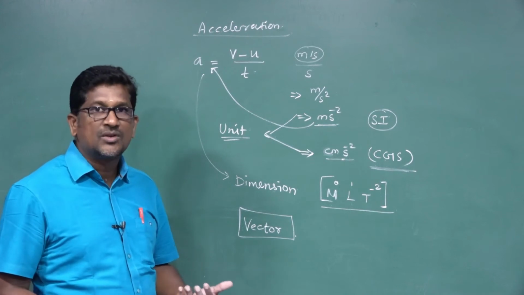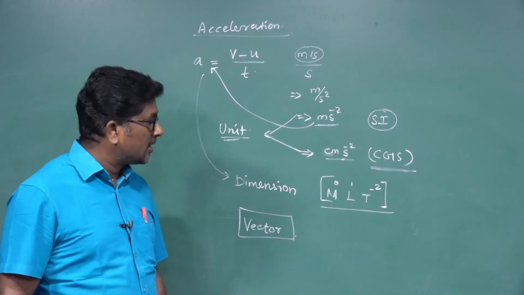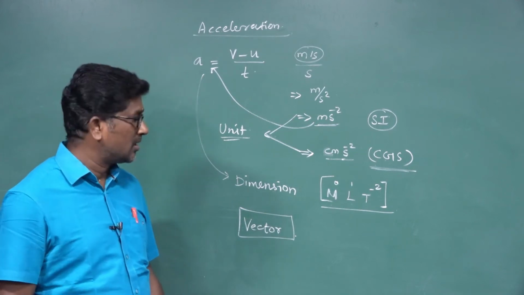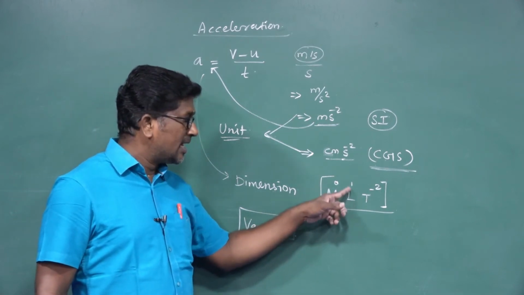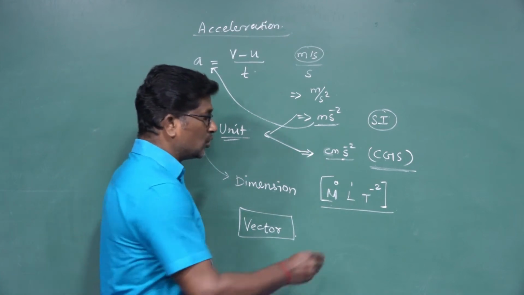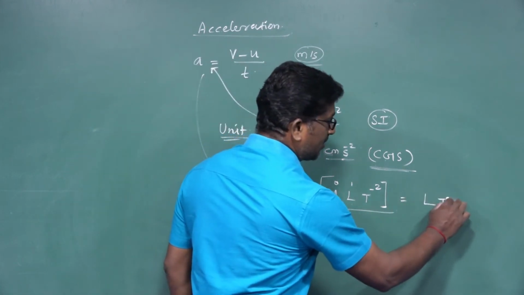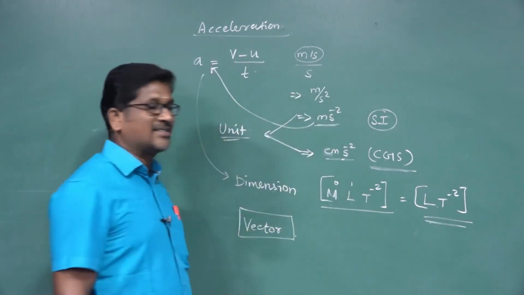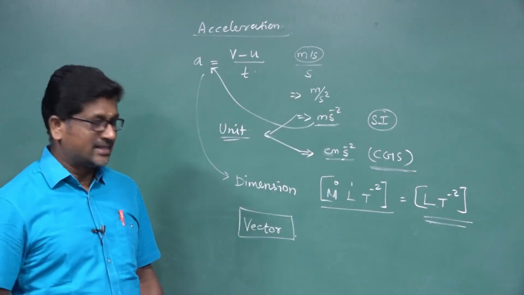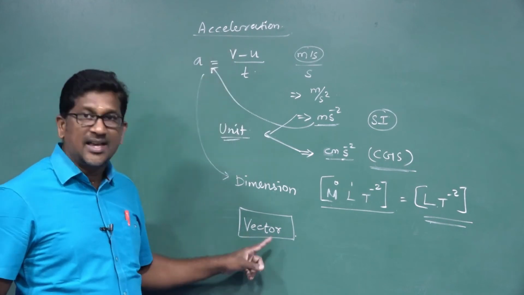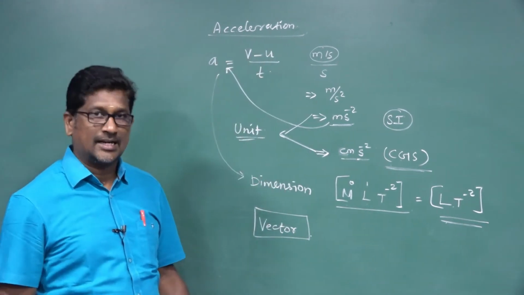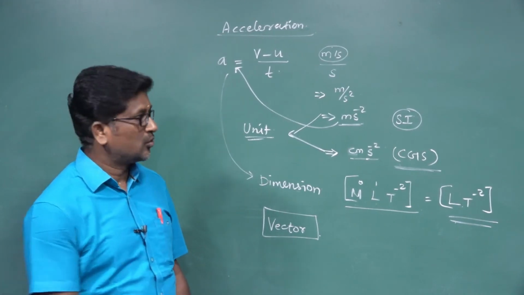The powers of the fundamental quantities are the dimensional formula, so L T power minus 2 is the dimensional formula of acceleration. And acceleration is a vector quantity because it has both magnitude and direction.